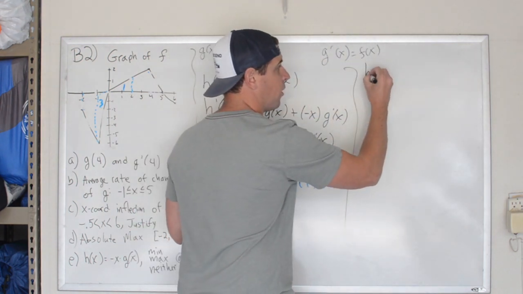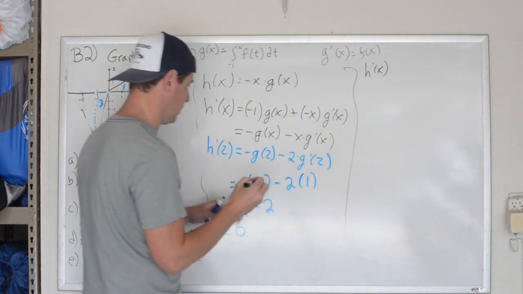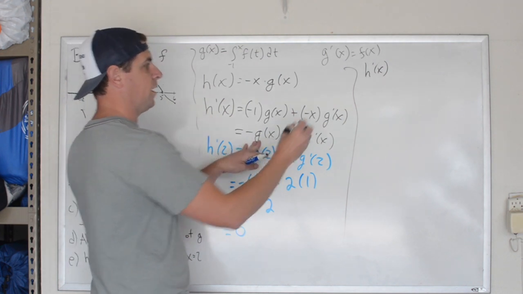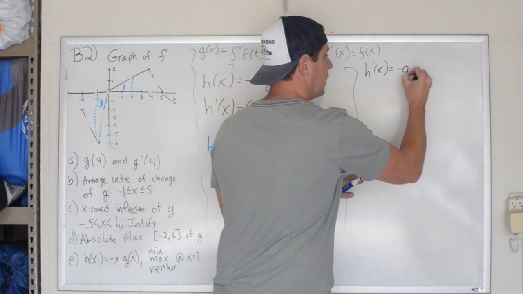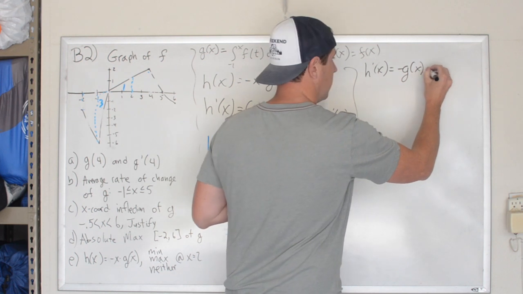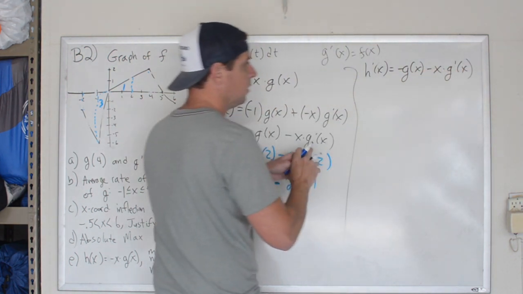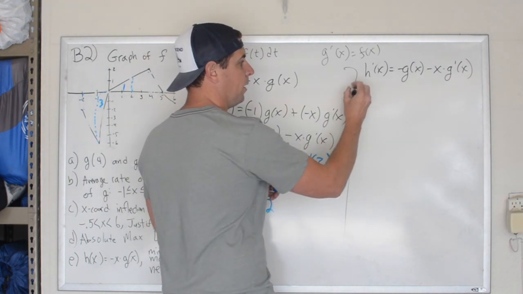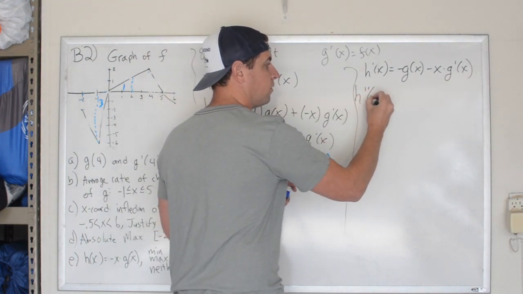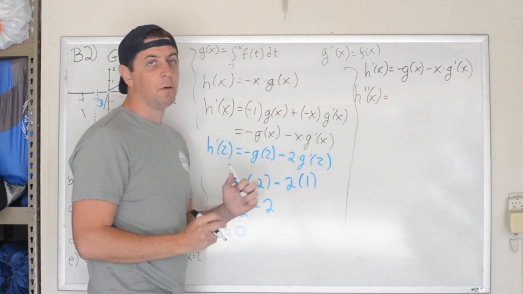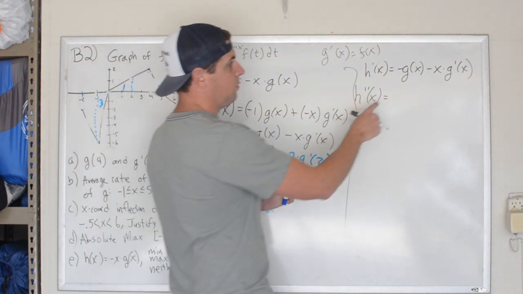So now I'm going to work on that part of it. I'm going to rewrite h prime of x up here. Hopefully I've given myself enough room. H prime of x was equal to negative g of x minus x times g prime of x. So now when we find h double prime, I need a little bit more room, so I'm going to squeeze in here. H double prime of x means I'm taking this derivative.